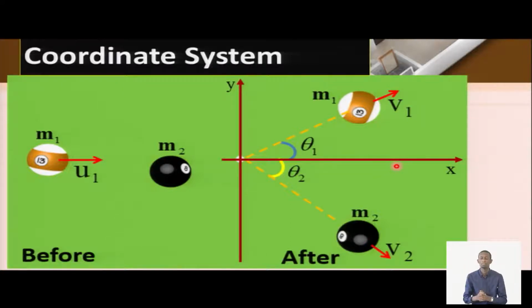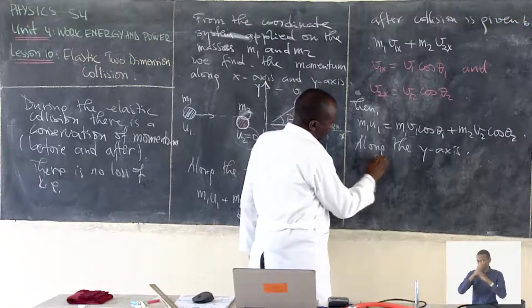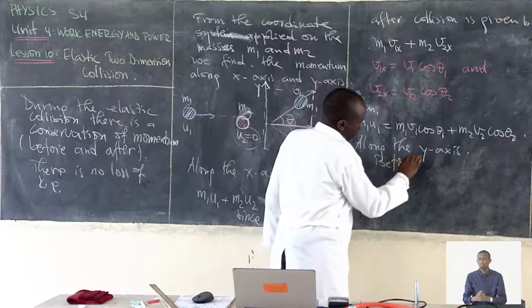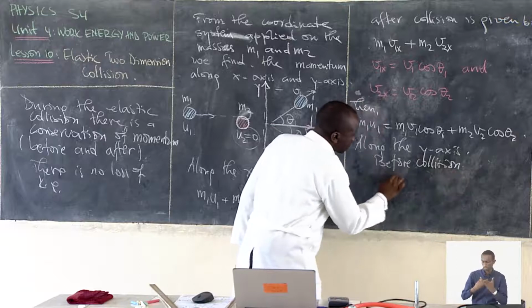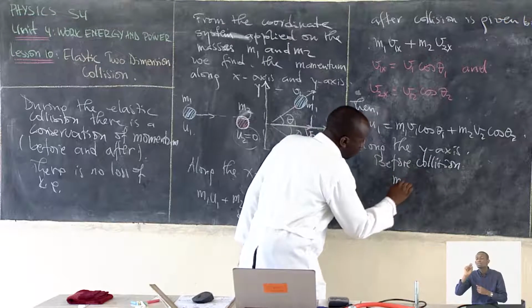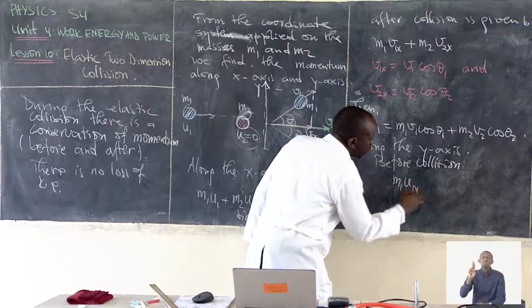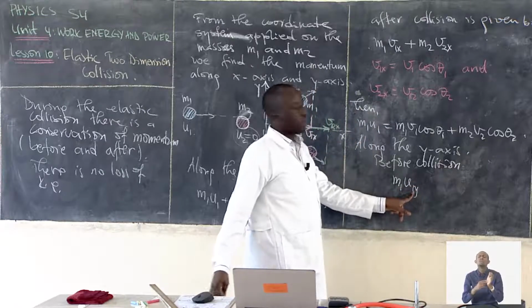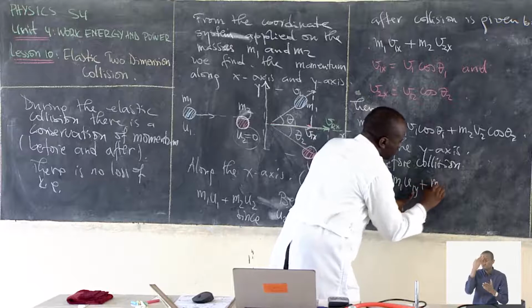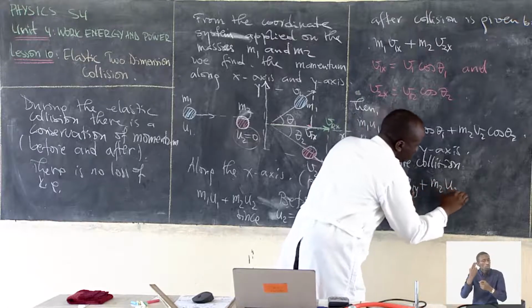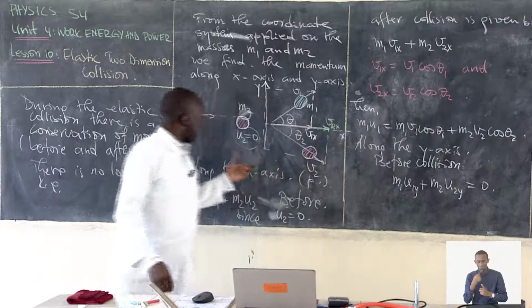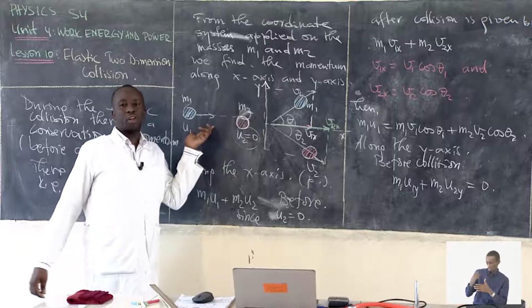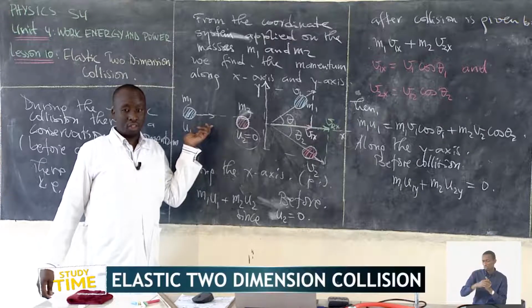And then students, along the y before collision, here is what we have. The momentum is given by M1 U1y plus M2 U2y. Now let me tell you, students. Did you see that the momentum along the y-axis before collision is 0?